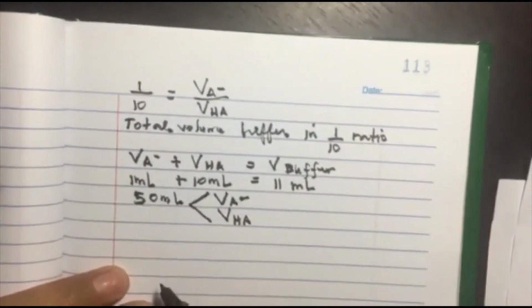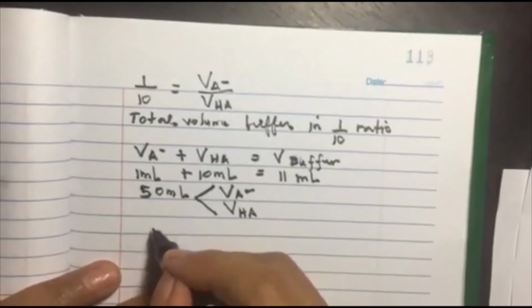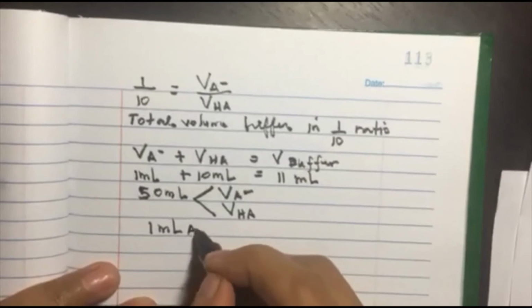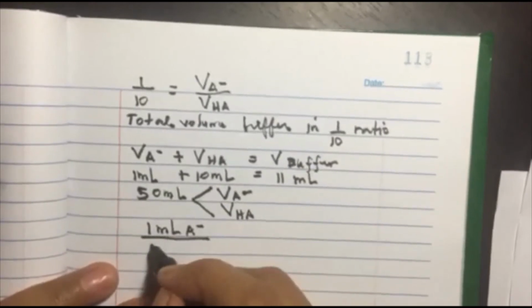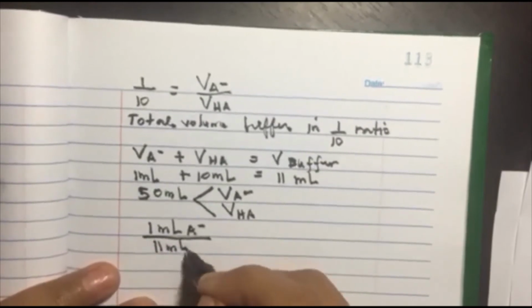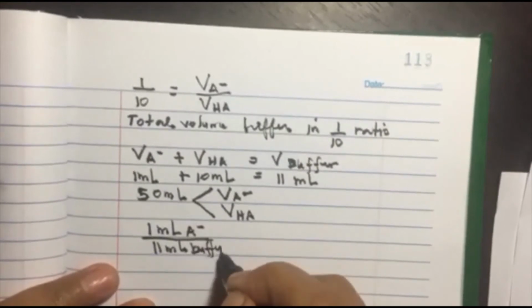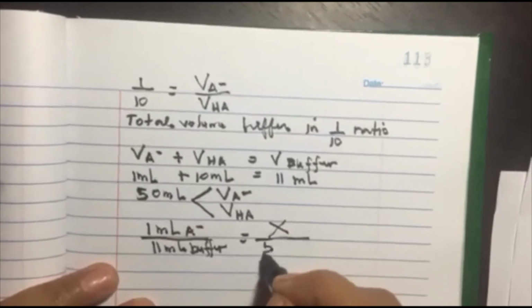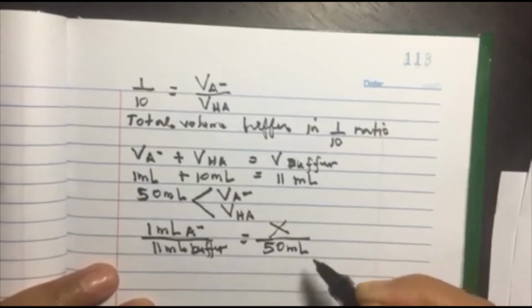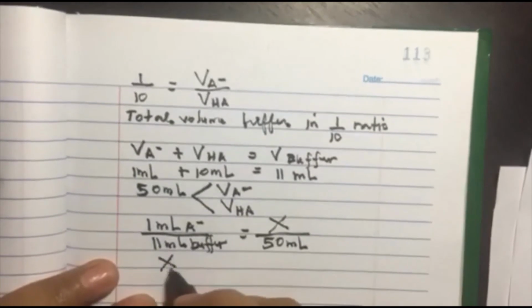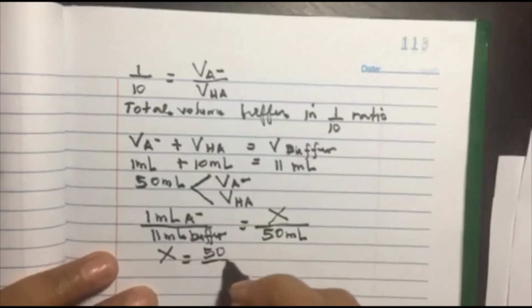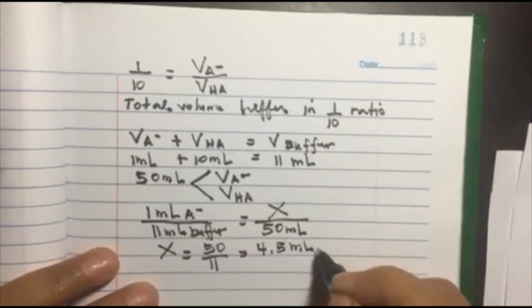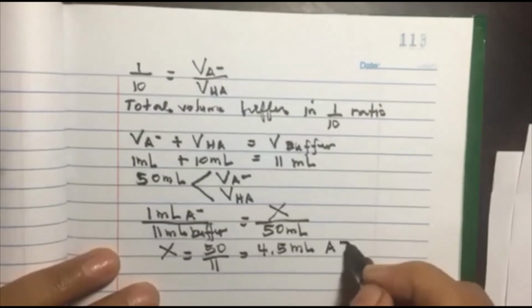To do this, we use ratio and proportion. So we say 1 ml of the conjugate base for every 11 ml of the buffer. How much volume of A do we need if we want 50 ml of the buffer? Calculating for X, we have 50 over 11, which is 4.5 ml of the conjugate base.